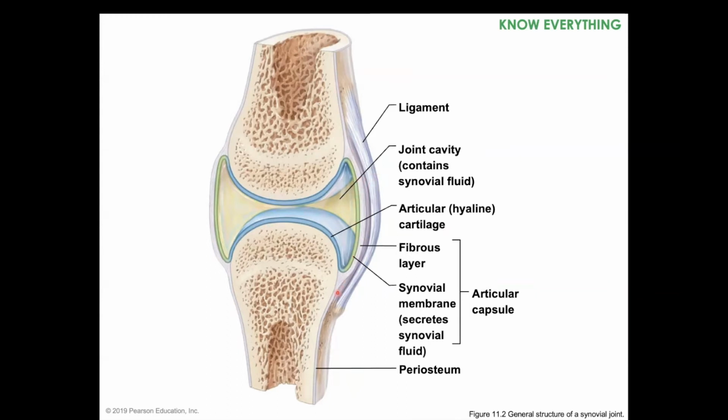The articular capsule is made up of two layers. The inner layer is made up of the synovial membrane, and the outer layer is made up of a fibrous connective tissue. You can also see the articular cartilage at the ends of the long bones to help reduce friction, and there are some ligaments here connecting the bones together to add even more stability.